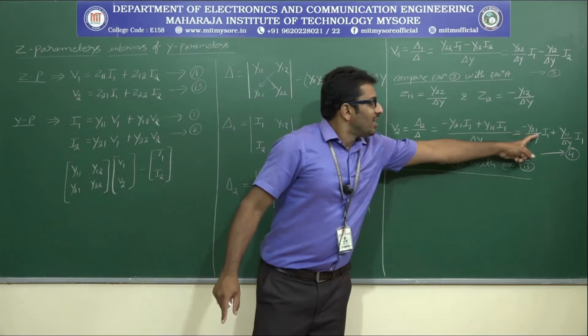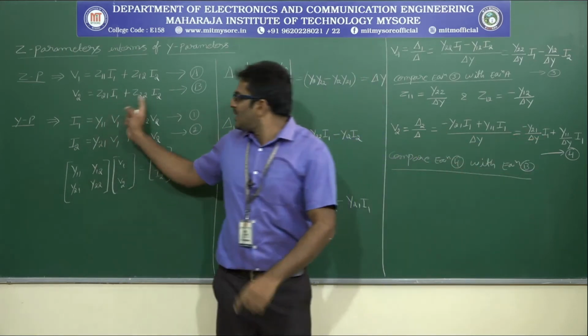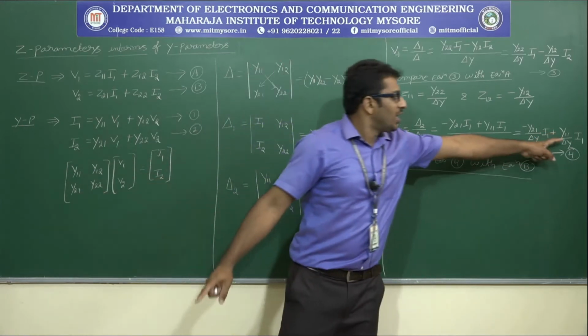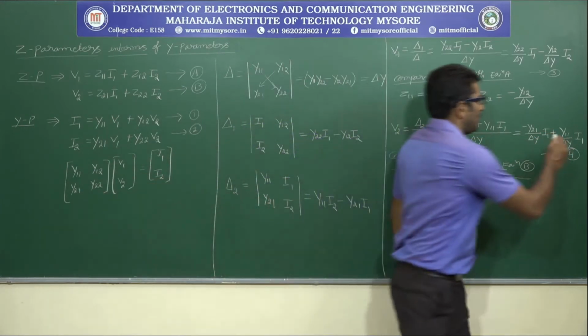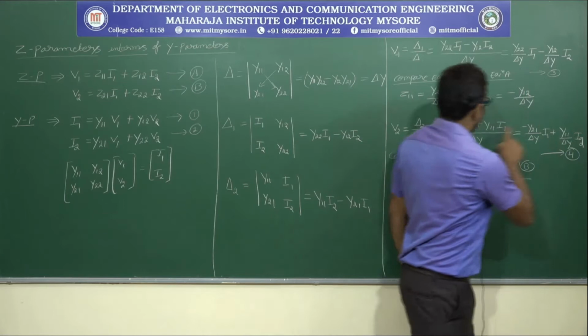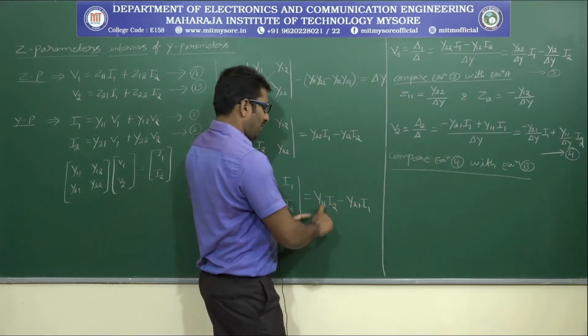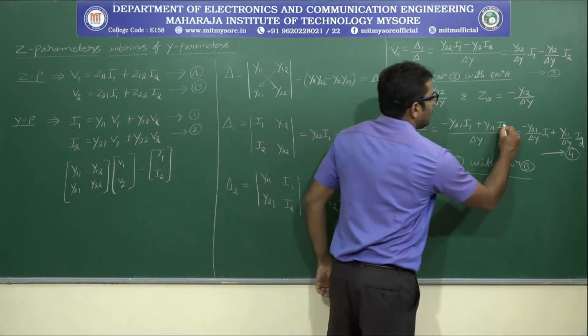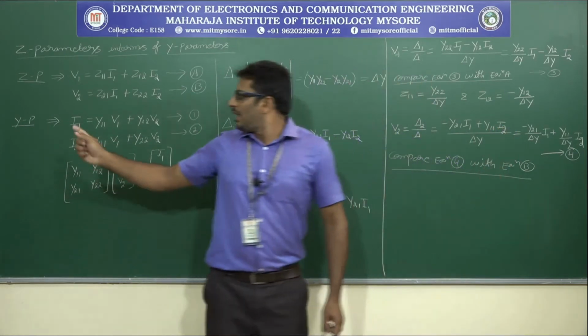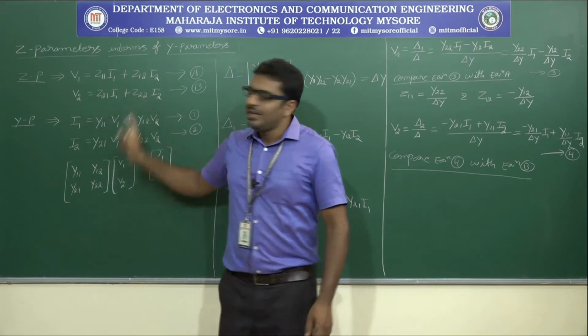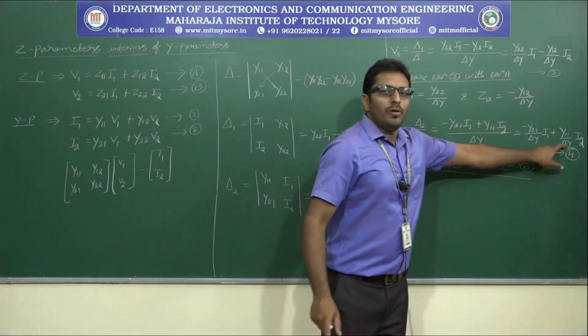Similarly, the coefficient is I1. What is the second coefficient? I2. Therefore, this is I2. Minus Y21 I1 plus Y11 I2. Therefore, we can equate Z21 and Z22 with these two terms.